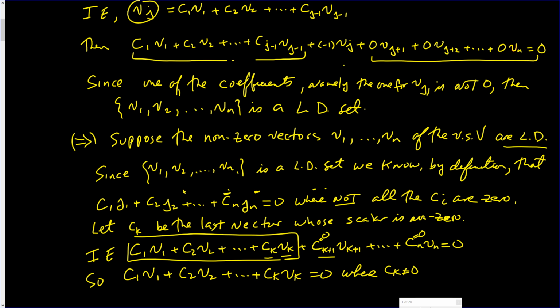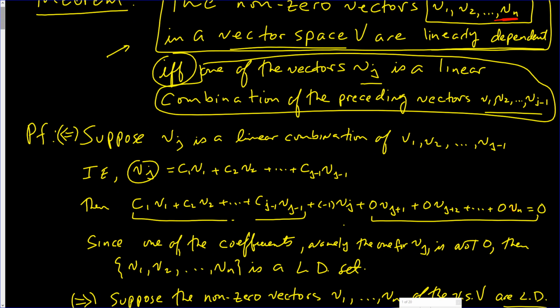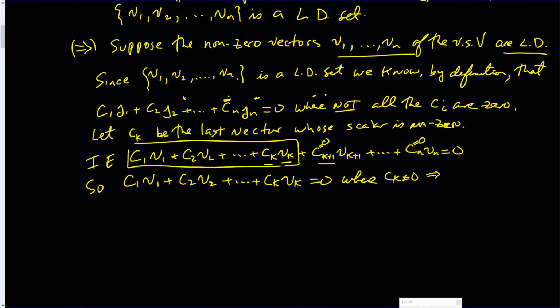Okay. We already said that these vectors are non-zero. So what do I want to show? I want to show that one of the vectors is a linear combination of what's before it. But that's pretty easy, because I can solve for this.